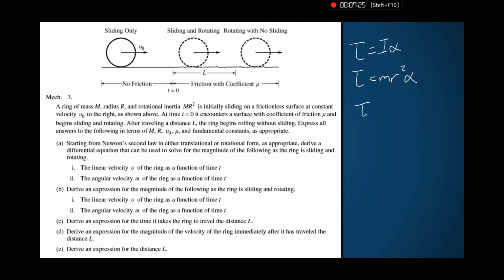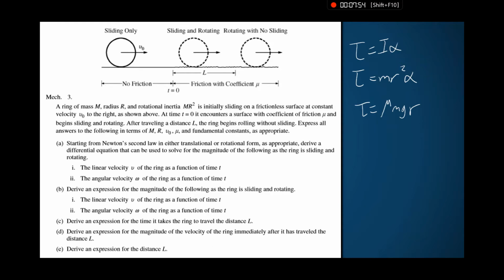So I could say torque is our frictional force times our distance, R. So that's mu mg times R. I'm not using L because we want this to be a function of time.